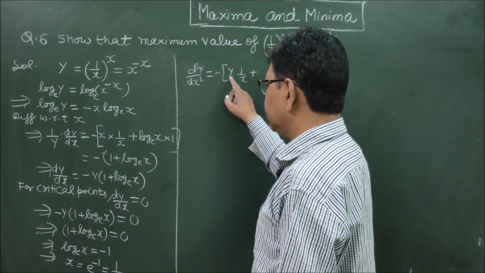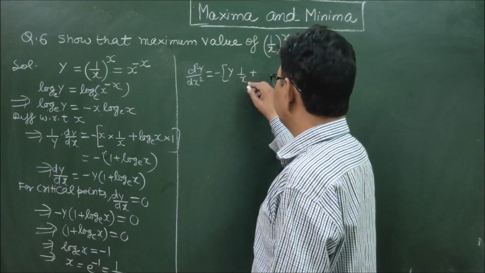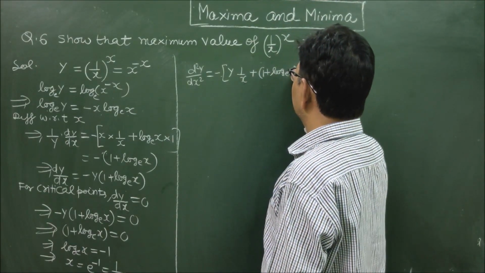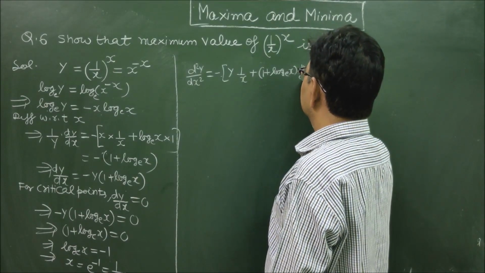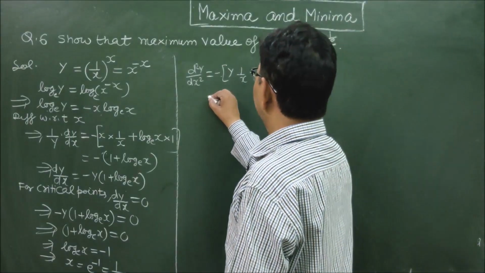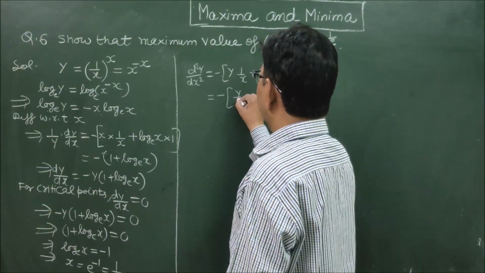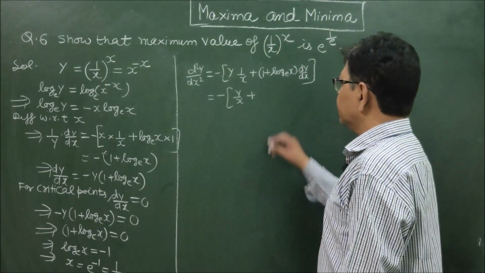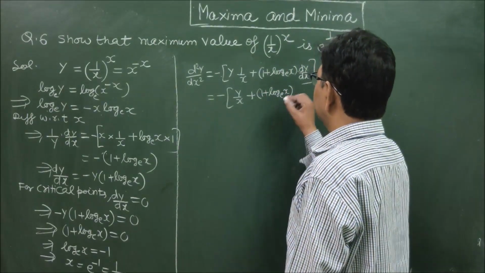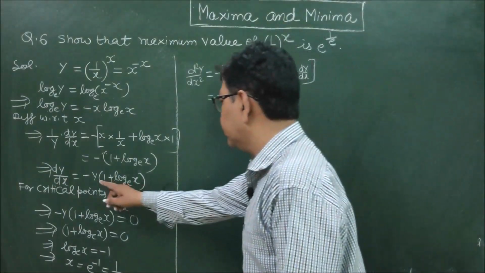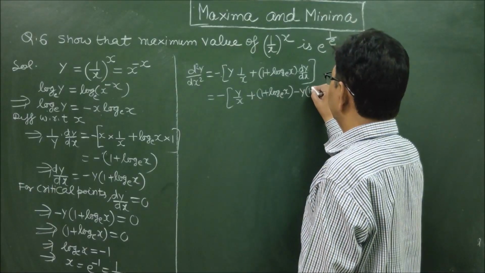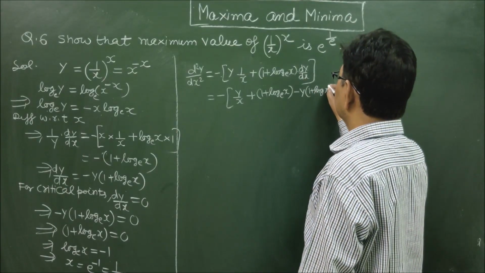So y into d/dx of (1 plus log x) is 1 upon x, plus (1 plus log x) into dy/dx, which is equal to minus y upon x plus (1 plus log x) into dy/dx. The value of dy/dx we have already calculated: minus y into (1 plus log x).